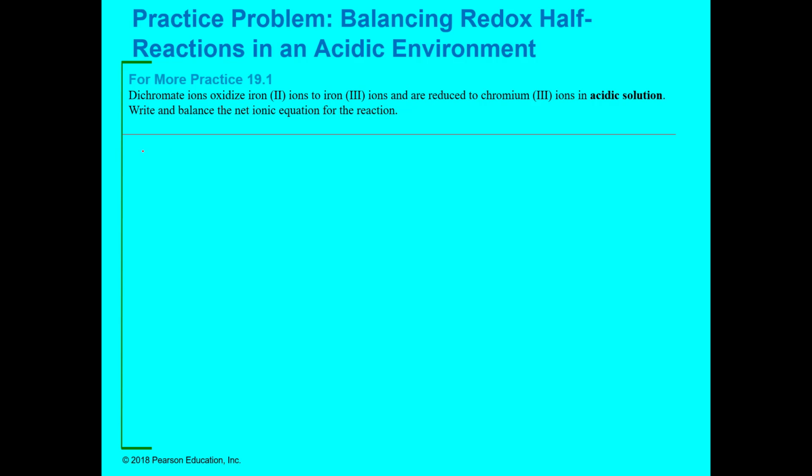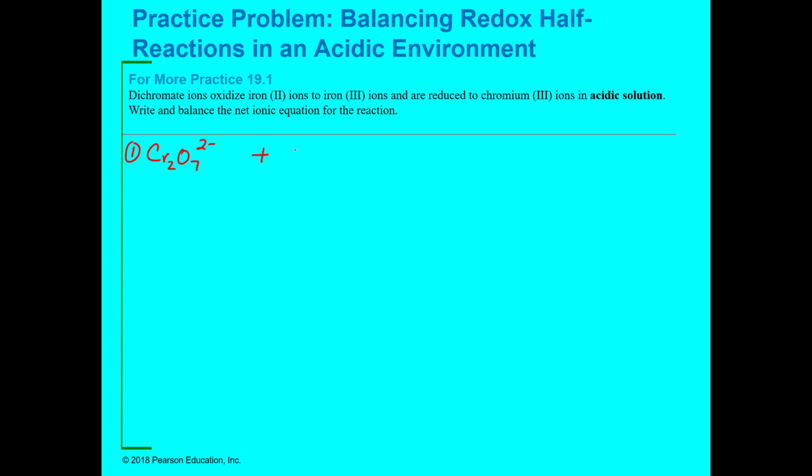But it's easy to remember dichromate because dichromate has 2 chromiums. So it's Cr2O7 2-. Okay, and it could have been sodium dichromate, potassium dichromate. We don't care because that doesn't get involved in the redox reaction.